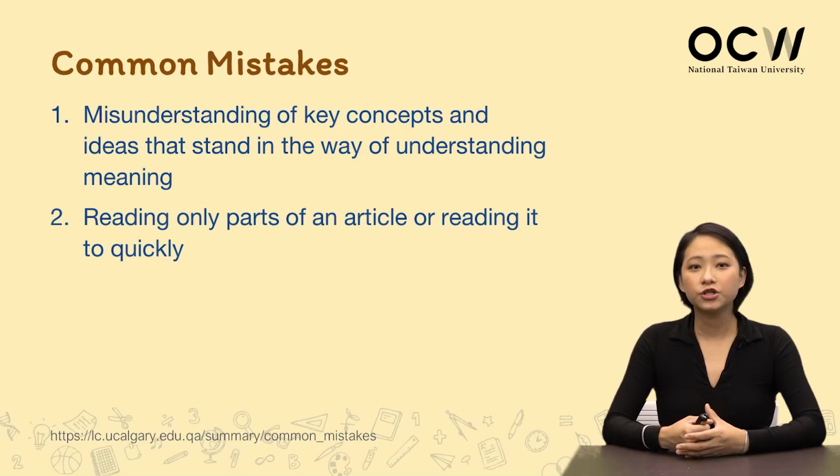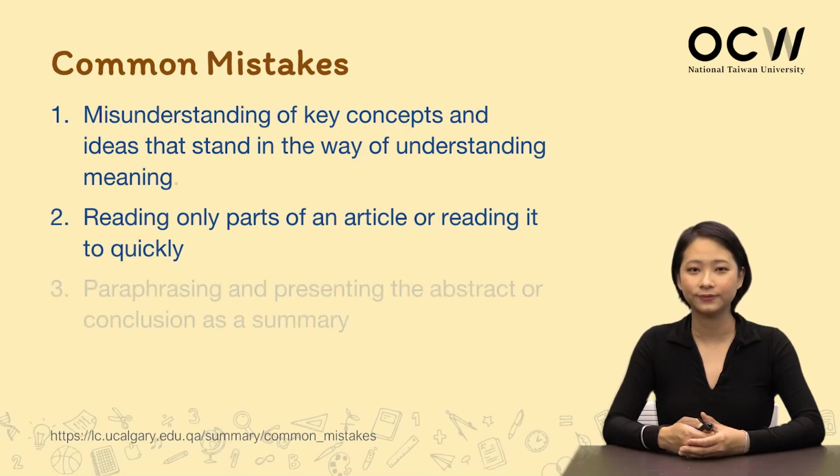And number 2, due to shortage of time and the abundance of material, often as a researcher, you simply skip through segments of information or only read part of it, which means that your understanding is not comprehensive nor holistic, which could lead to misunderstanding the original intention of the author.